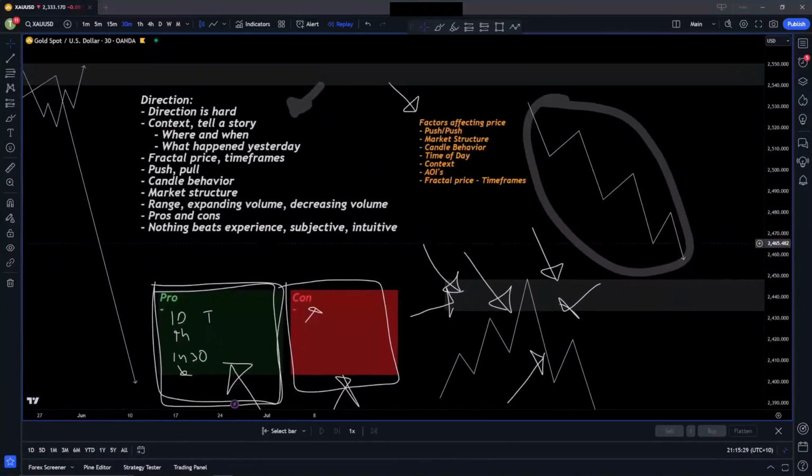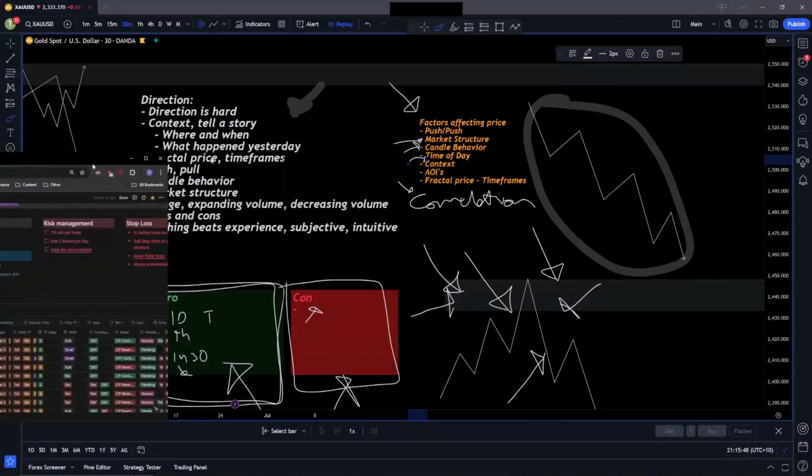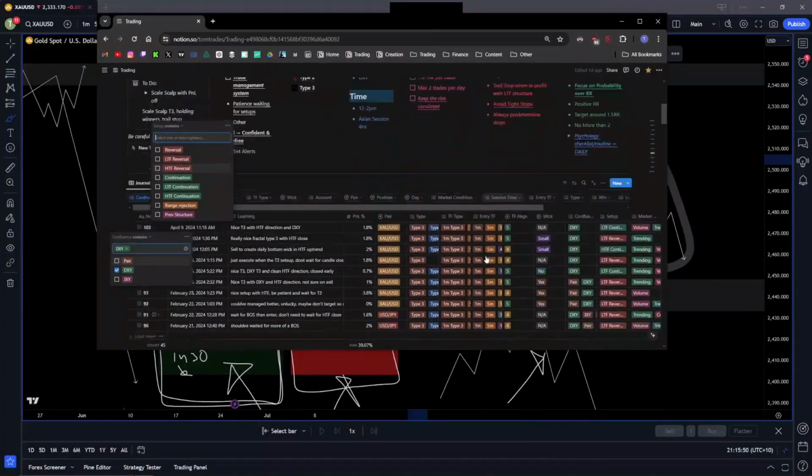You have all these little different things: you have market structure, you have counter behavior, you have correlation of DXY, and a lot of different things like time of day. Everything is tracked in that journal here.